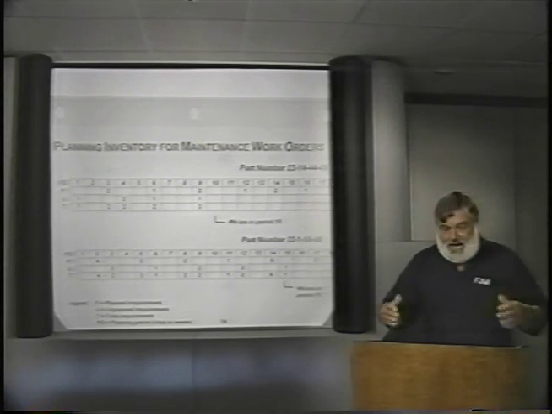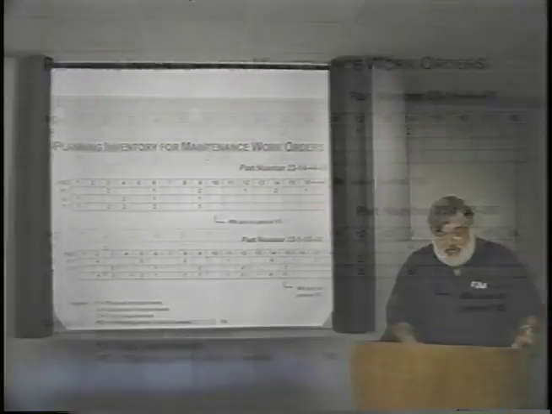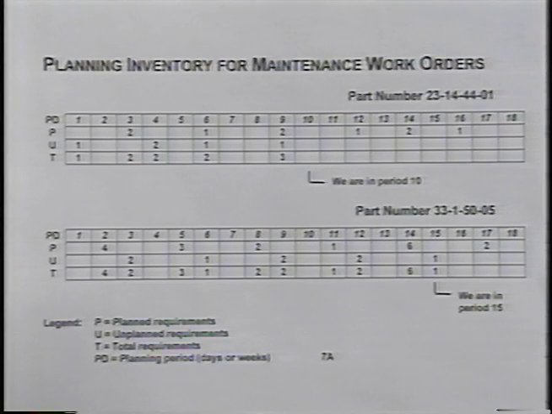So with that in mind, let's take a look at these 2 records. The first record on top indicates that in period 1, we used an unplanned requirement. When I moved to period 2, I could then add planned and unplanned together and come up with a total.